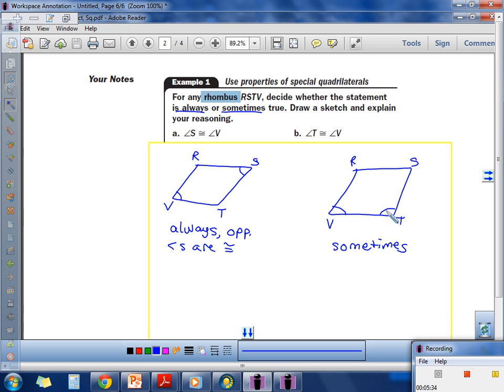However, we have to remember that another shape shares the same property as a rhombus. What was that other shape? Square. So I need to be examining a square. If we look at a square and we call that R, S, T, V, can V and T be the same? Sometimes. Why? A square. Yeah. A square is a type of rhombus. So write that down. A square is a type of rhombus.